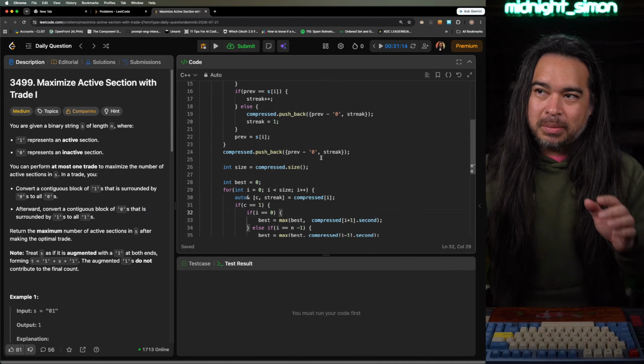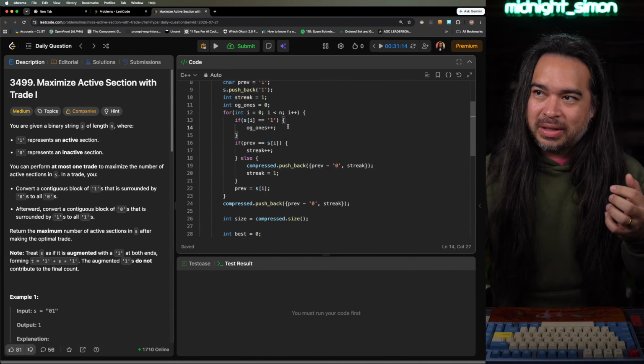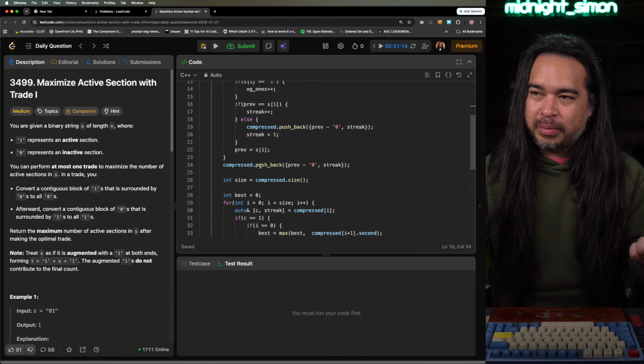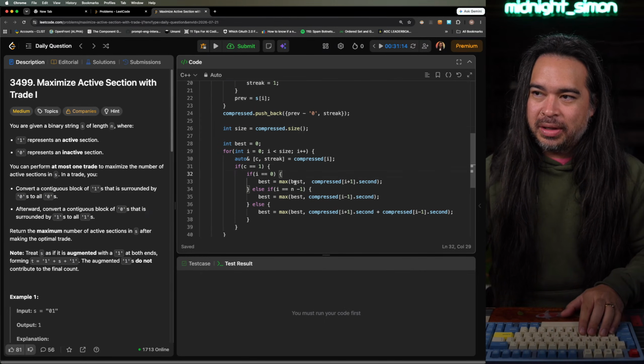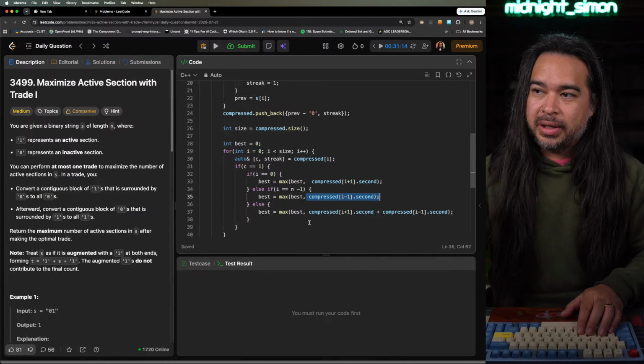But man, something else that just made me worried about whether or not I'm gonna get a right solution is this part, man, with these 1s at the end. I guess I just subtract 2 from my final answer. Alright, so now we're just counting the number of zeros that we're flipping here.